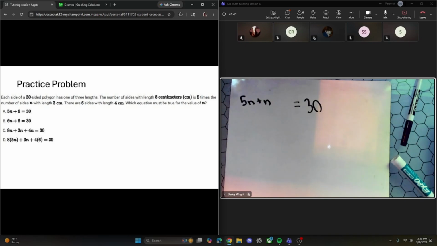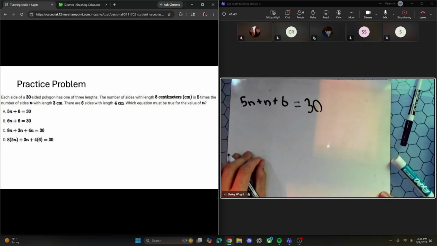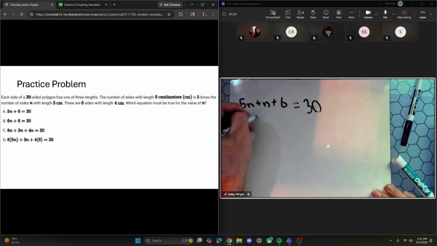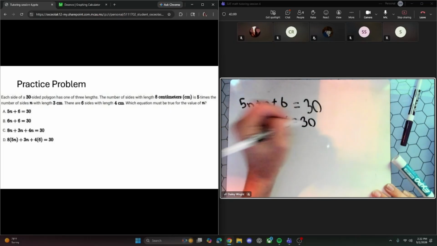So that's going to give you 5n plus n, and it says there are 6 sides with length 4, so that's going to give you this piece, and then 5n plus n is 6n plus 6 equals 30.